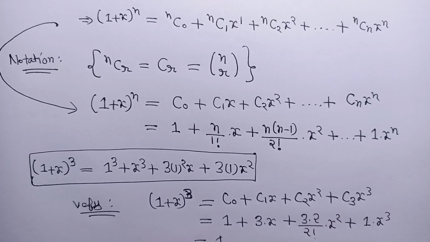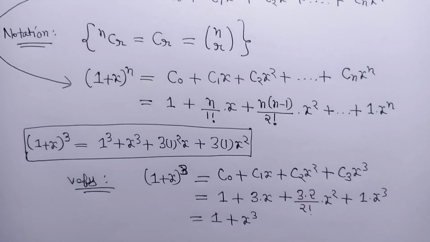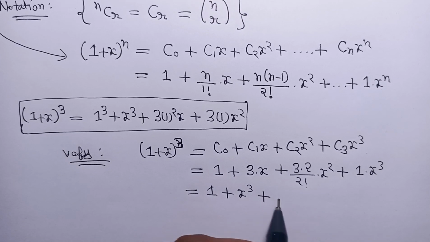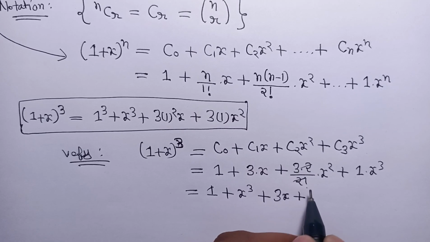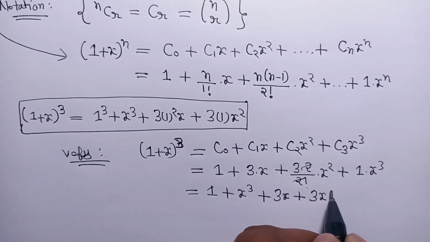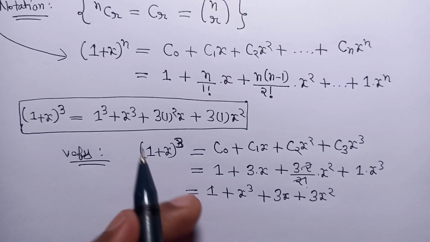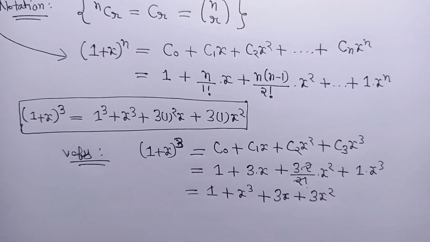So this is 1 plus 3x plus, 2 and 2 cancel, 2 factorial is 2 only, this is 3x², plus this x³. So see, this value and this value is exactly same.